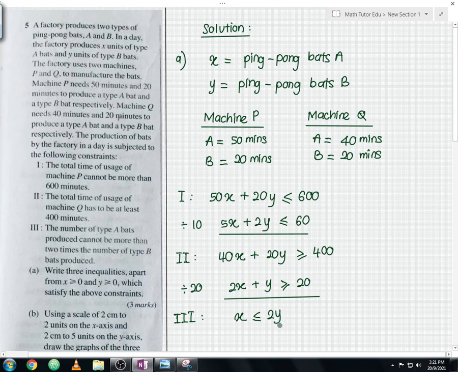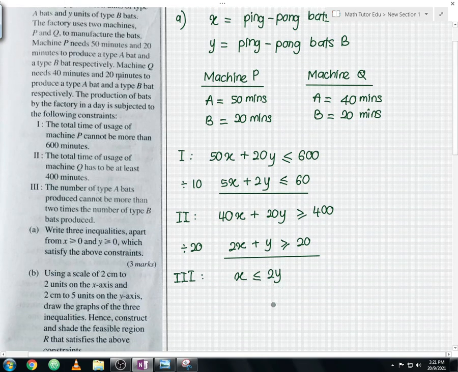But since we are required to plot the graph in our upcoming working, we are required to shift this order, so that y is on the left hand side and x is on the right hand side. So it becomes 2y more than or equal to x. To find y, y should be more than or equal to 1 over 2 x. So this is your third constraint, so let me underline the third constraint.